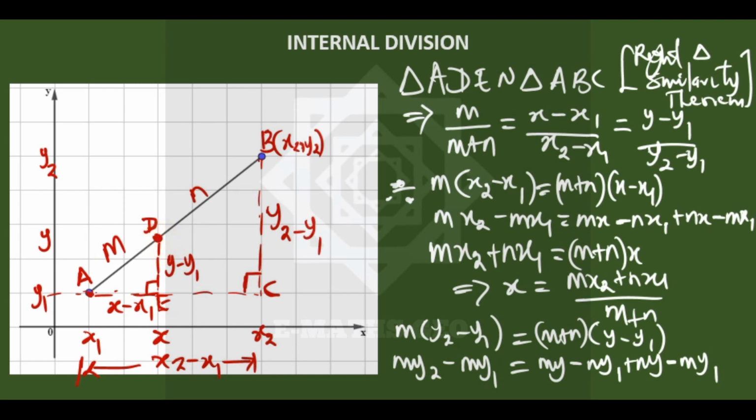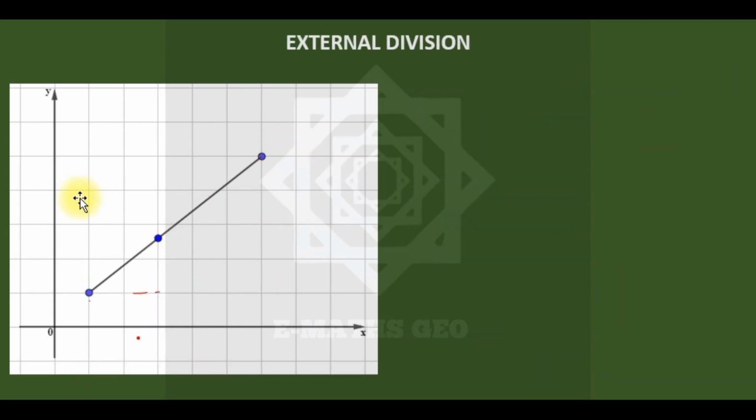But in this one, the line segment is also AB. This is A and this is B. So this is our M in the ratio of this M. So this is X and this is Y. That's the coordinate we want to get.